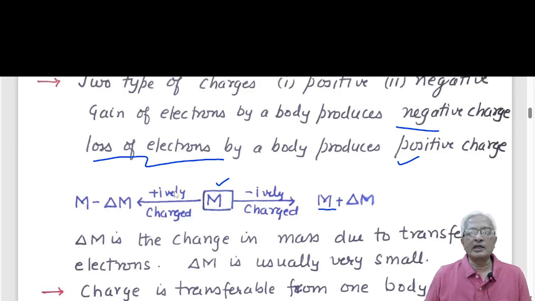So a small incremental increase in mass takes place. What does delta m represent? Change in mass due to transfer of electrons. Similarly, a body of mass m, when positively charged, will lose certain electrons. So a small decrease in mass delta m takes place equivalent to the mass of lost electrons. Remember, delta m is usually very small.